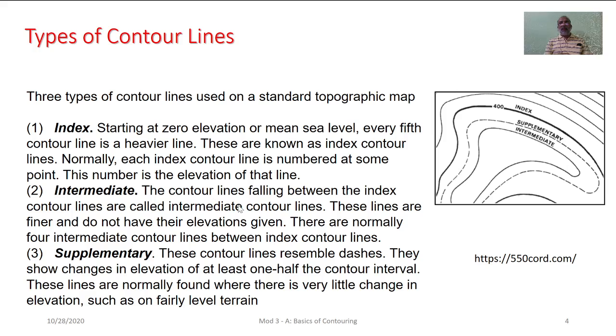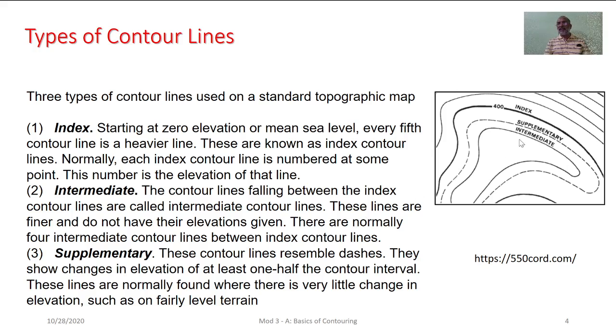Now, the contour lines falling between the index contour lines are intermediate contour lines. These lines are finer and do not have their elevations given. There are normally 4 intermediate contour lines between index contour lines.